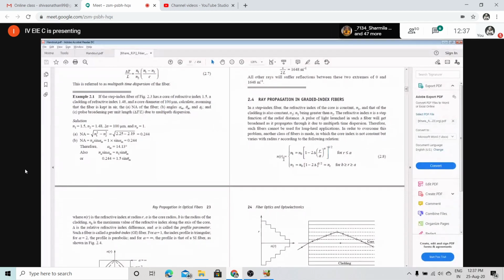Oh, sorry, radius in nanometers. So at a particular length of radius, what is the refractive index? That is what you are seeing here as a mathematical expression, where n1 is given by n0 times 1 minus 2 delta. And you know what delta is? It is the refractive index difference. Is that clear? I hope it is clear for you.